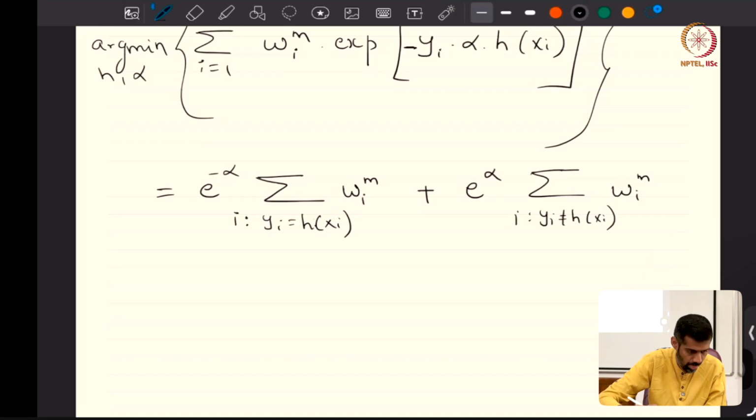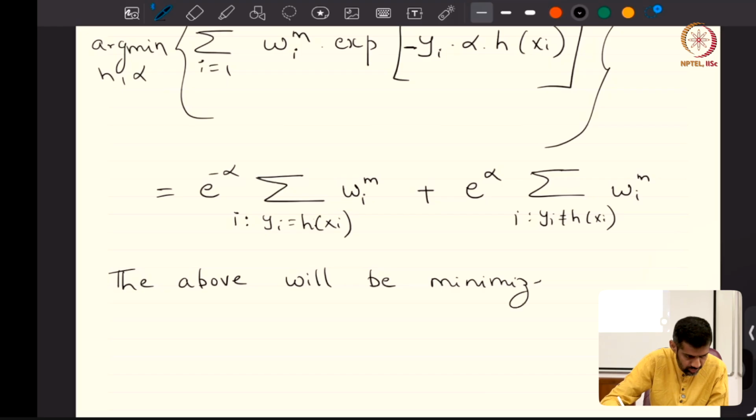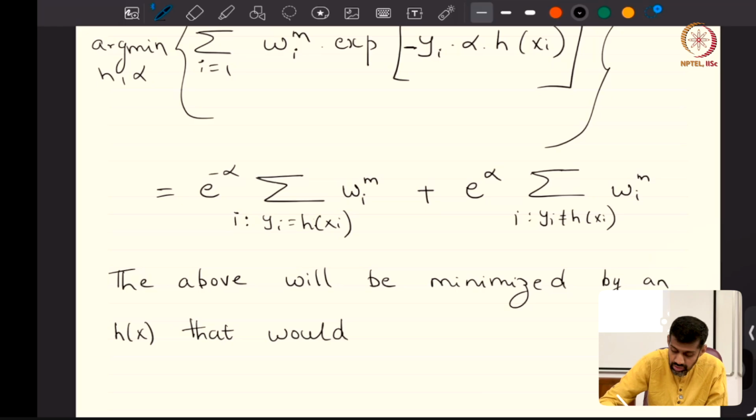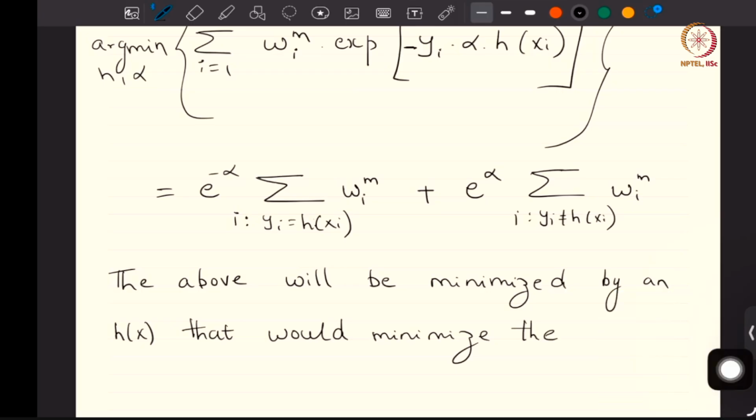So, we will write that the above will be minimized by an h that would minimize the weighted misclassification error, sum of weights on the misclassified points.